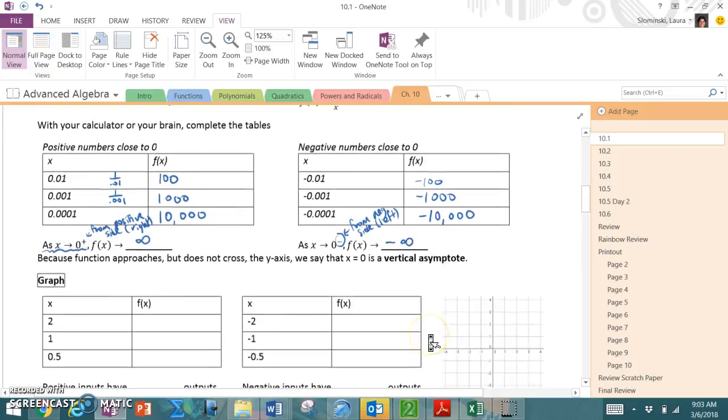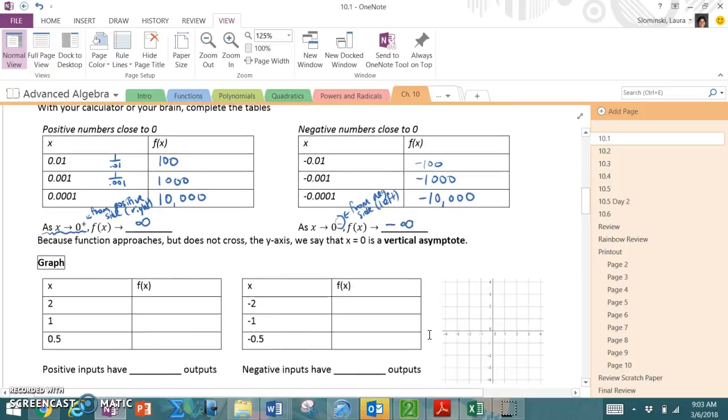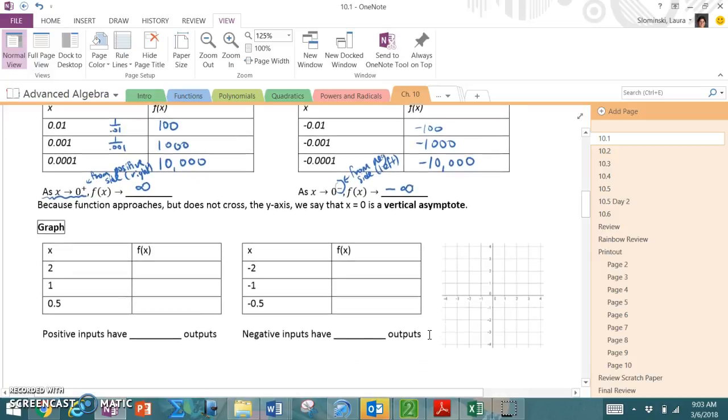Because the function approaches but does not cross the y-axis, we say that x equals 0 is a vertical asymptote. So what we've learned so far is that if I graph f of x equals 1 over x, there is going to be a vertical asymptote at x equals 0, and a horizontal asymptote at y equals 0.